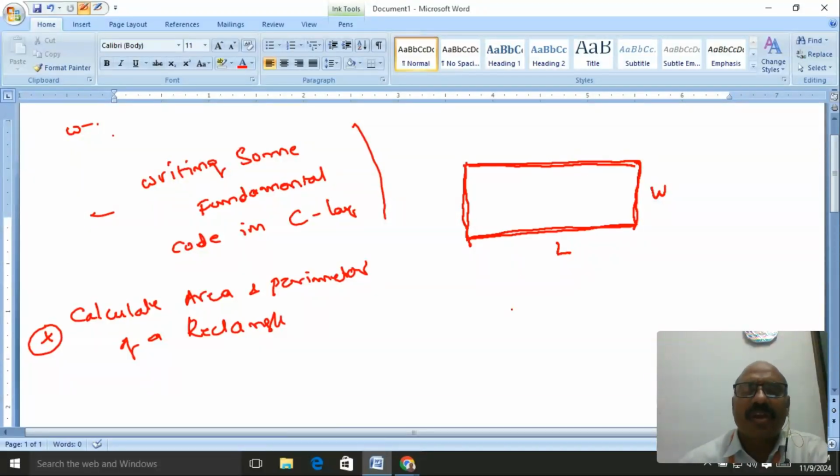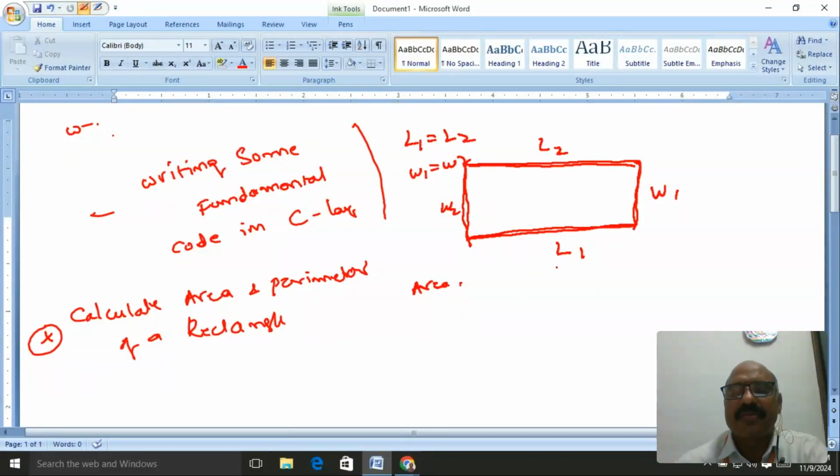So suppose, what is the formula for the perimeter of a rectangle? For example, the sides are L1, W1, L2, W2, and L1 and L2 are the same. So L1 equals L2 and W1 equals W2.